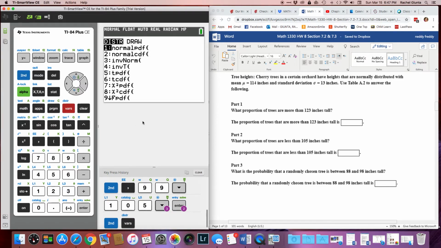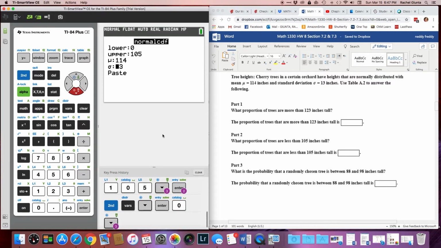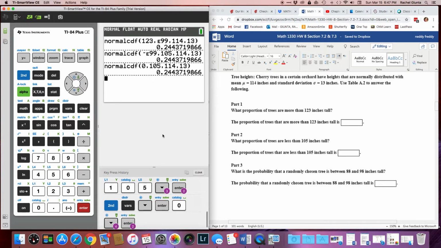Second vars, normal CDF, lower limit of 0, upper limit of 105, everything else stays the same, and exactly the same. So it doesn't matter if our lower limit in this case, for something that can't be negative like the height of a tree, is 0 if that makes more sense to you. Totally fine.